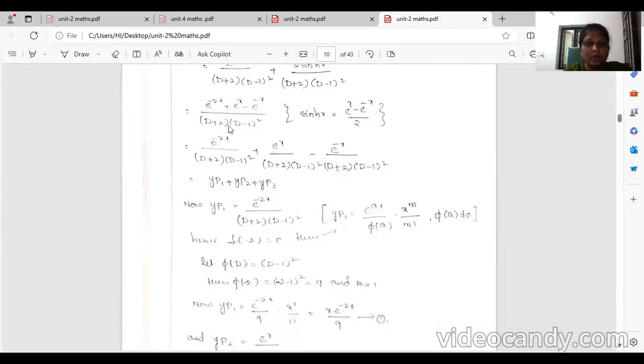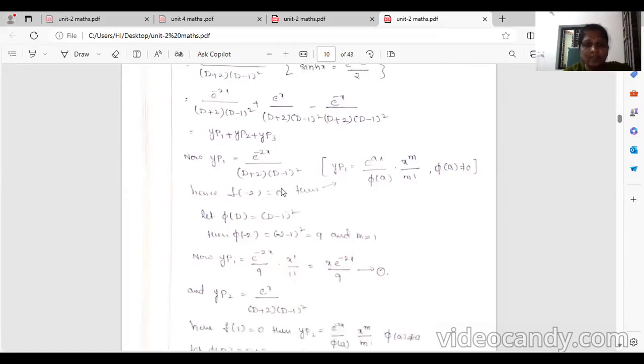So the first fraction is e^(-2x)/((D+2)(D-1)²). Here, which is of the form 1/f(D) e^(ax), we substitute D = a = -2. Then f(D) becomes 0, so the particular integral is the failure case.